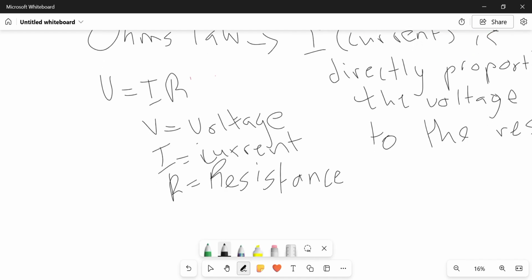And the SI unit for voltage is V, current is A for amperes, resistance is ohms.